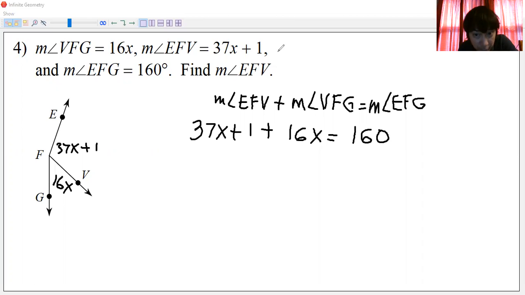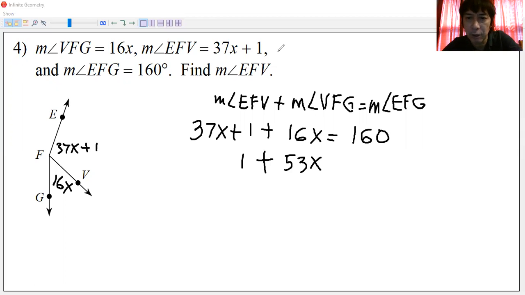So we have 37x plus 16x. That looks like 53x. That's 16 plus 37. Now, beside it, you still have the plus 1, and that's part of the original equation.